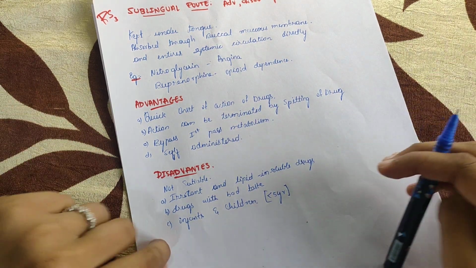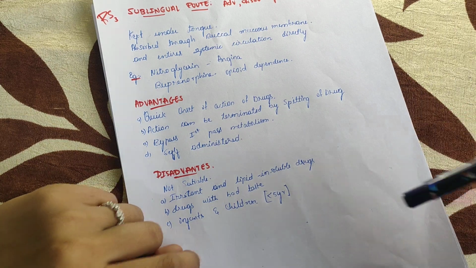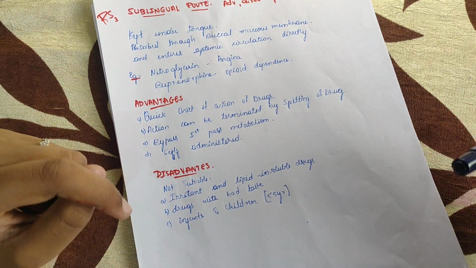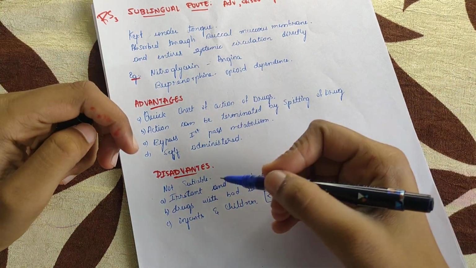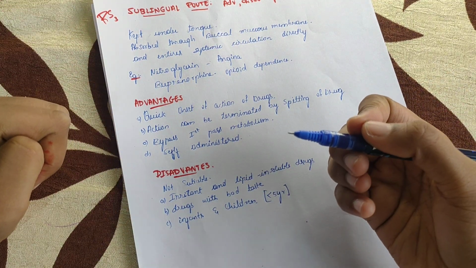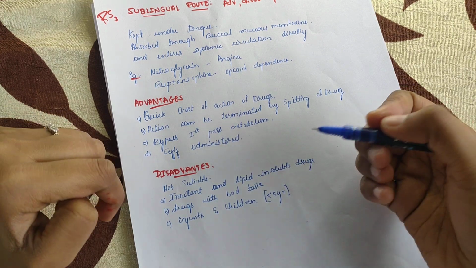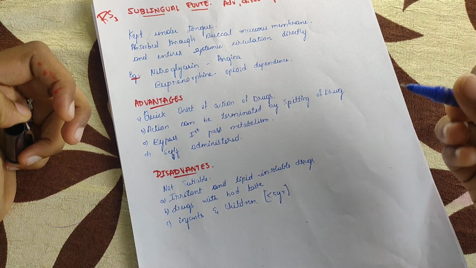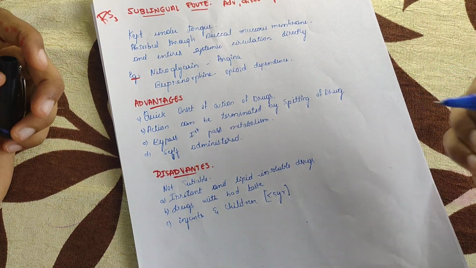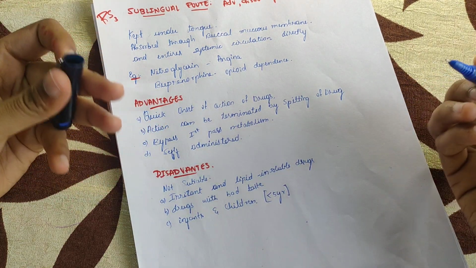The disadvantages are that it is not suitable for drugs which are irritants and which do not have a pleasant taste. It is also not suitable for lipid insoluble drugs, because the drug has to cross the mucosal membrane, which is a lipid membrane. If it is not lipid soluble, it cannot be taken.